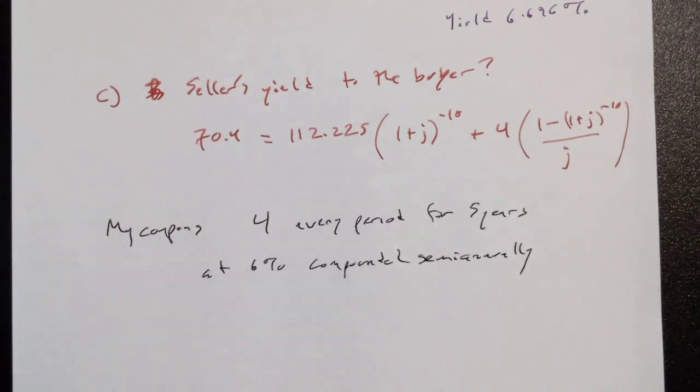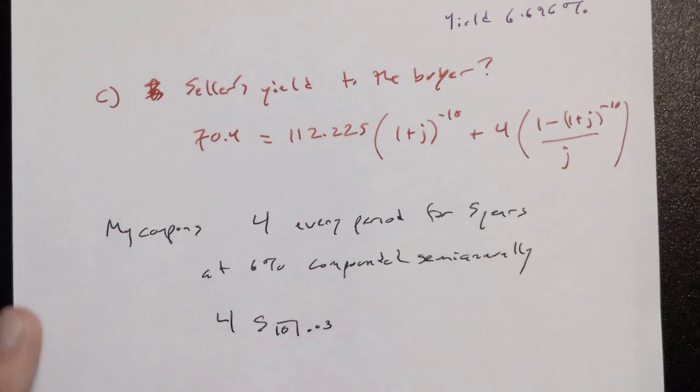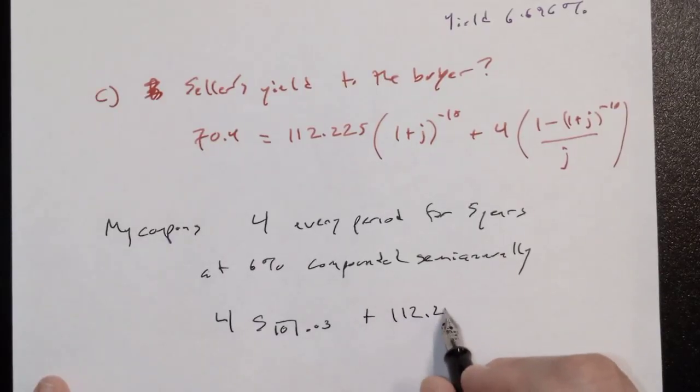Well, now I can think of, what did I do with the coupons? I stuck the coupons in the bank. They earned interest for 5 years. That's the total value of my coupons, isn't it? 10 periods at 0.03 per period. Oh, and remember, I then sold the thing for 112.225.